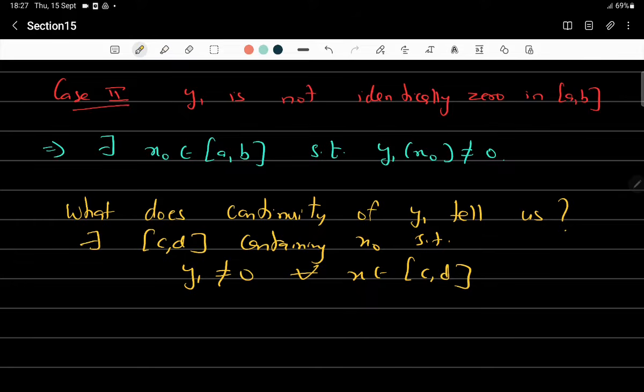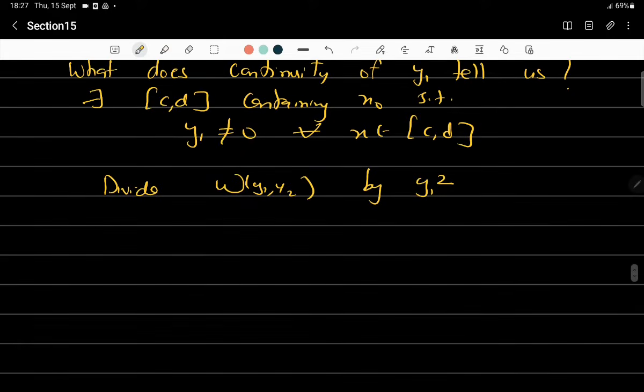Now y1 is not 0, it means 1 by y1 is defined. Yes, so divide the Wronskian W(y1, y2) by y1 square and see what we are getting.